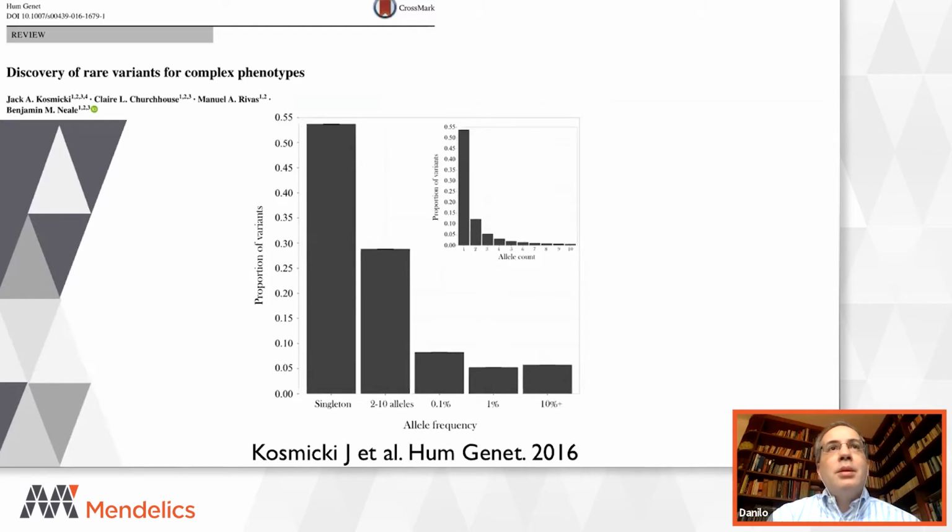We will find that most of the variants we discover will be singletons. What does that mean? That means that most of these variants will appear in this population just once.